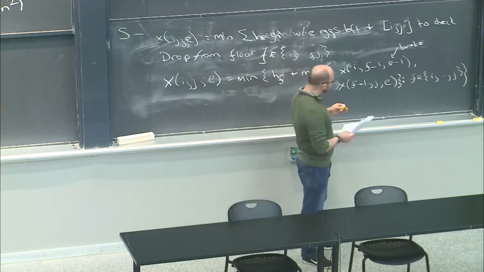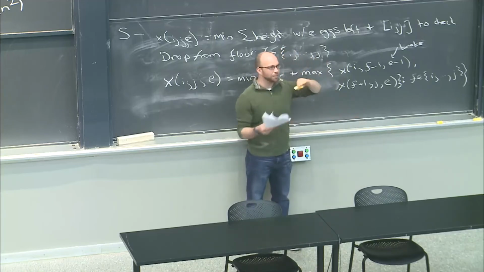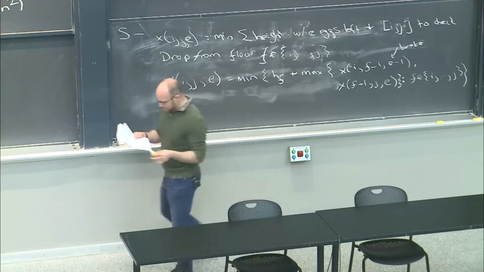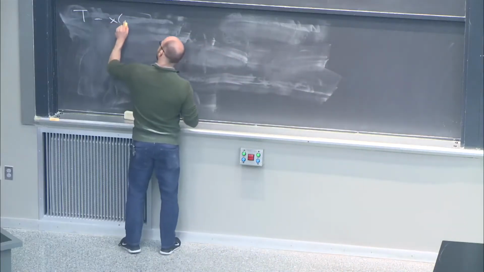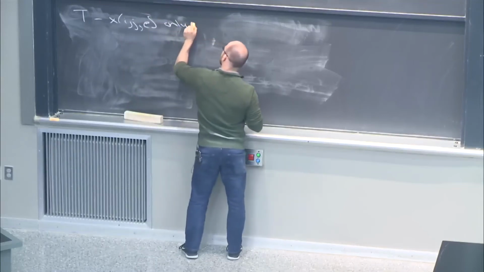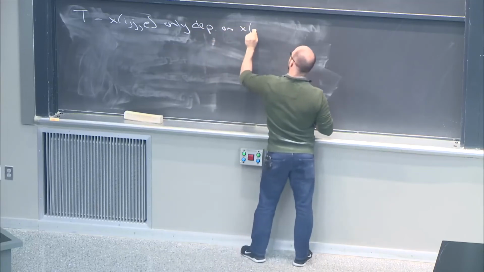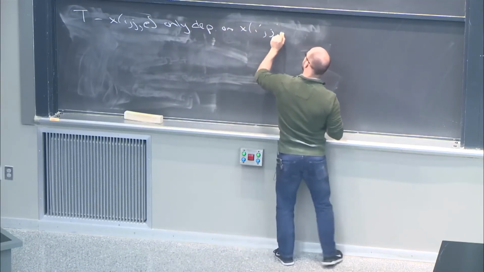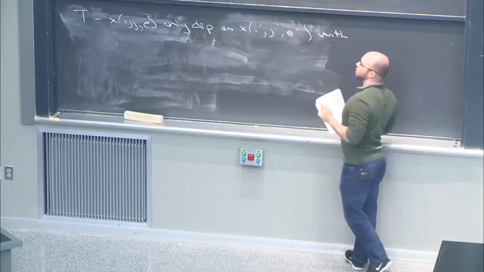And in particular, once I dropped that egg, I learned something about my building, and I narrowed down the range of floors that are uncertain for me. So in particular, I know that x(i, j, e) only depends on x(i', j', e'), with what?